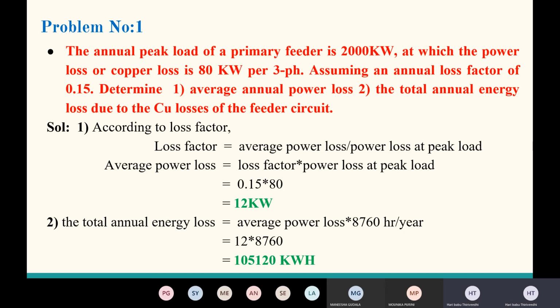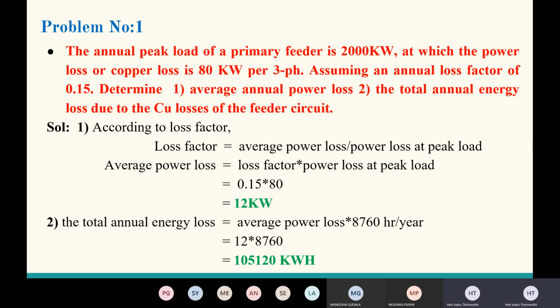Total Q is equal to 2160.87 kVAR, whereas real power P is equal to 4800 kilowatt.